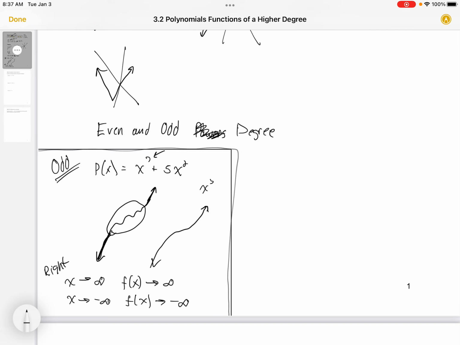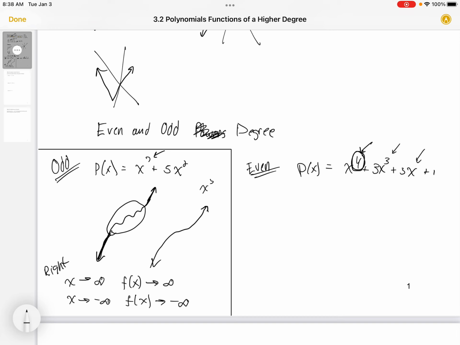Okay, if the degree was even, so let's just say x to the fourth, and remember it's only the greatest power that matters. So if we're looking at something like this, even though your coefficients are odd, we got 3s and 1, and two of your powers are odd, we got 3 and 1, the degree is the greatest exponent, so your degree is 4.